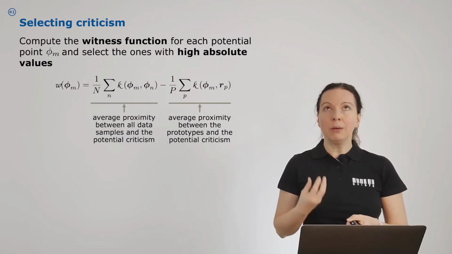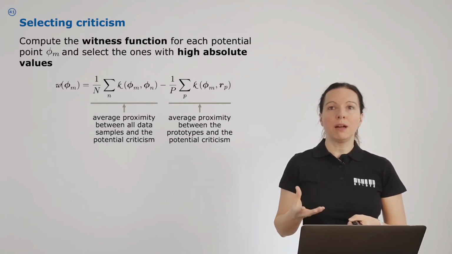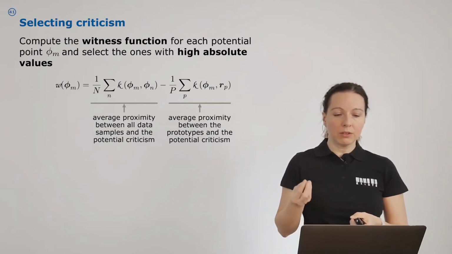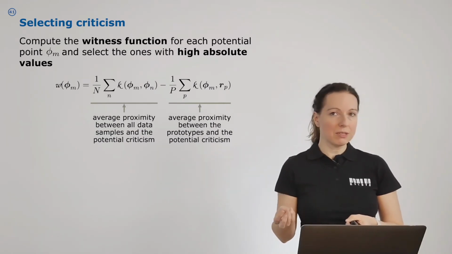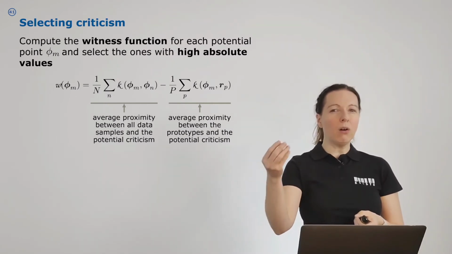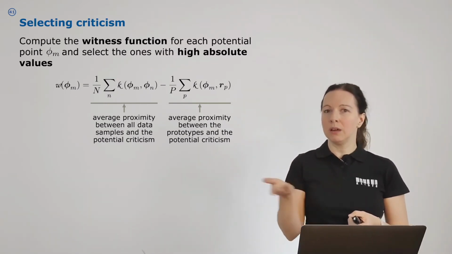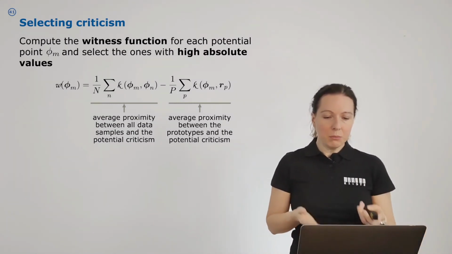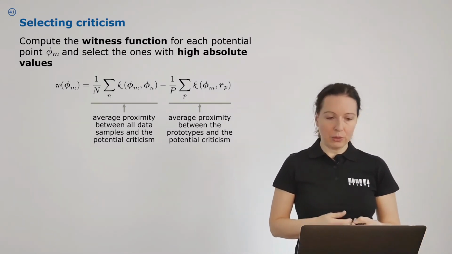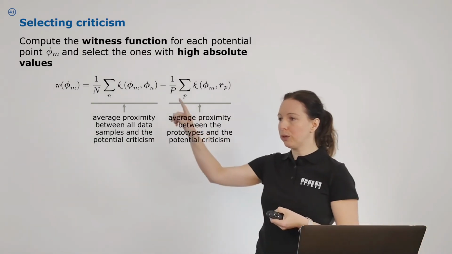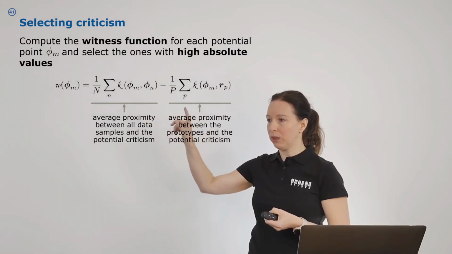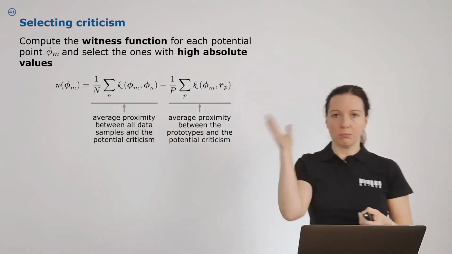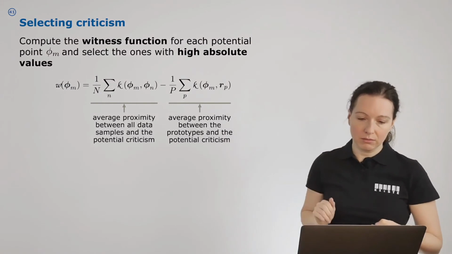So it will tell you how much is already represented by the prototypes, but also whether the potential criticism is more like an outlier, or whether it still fits well to the overall data distribution. So let's see what happens in different scenarios. What is important is there's a minus: you have 2 terms, and you subtract the second one from the first one.